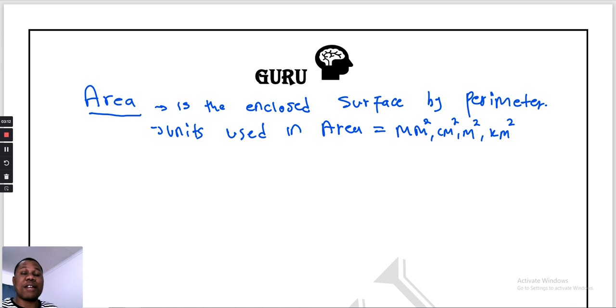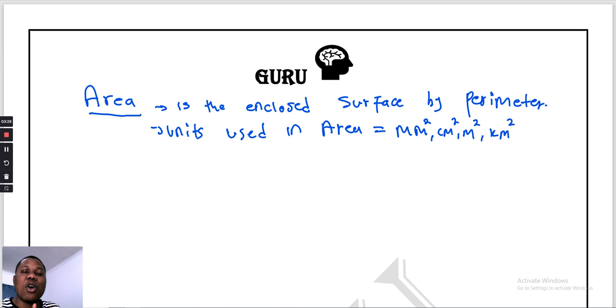I have taken you through how to convert, I have a lesson, you can go and check it out. I've also taken you through the perimeter, so now we can see that the units are no longer going to be the same.